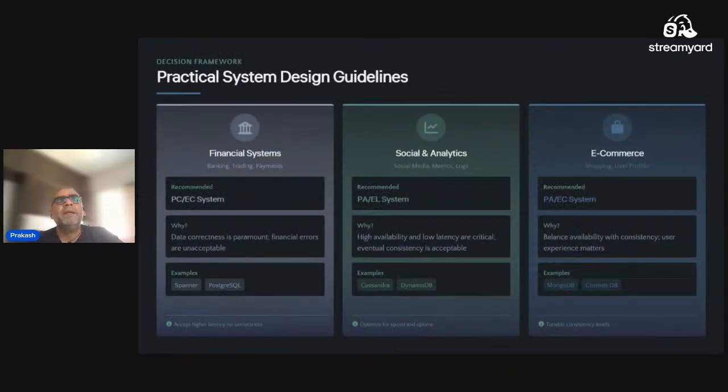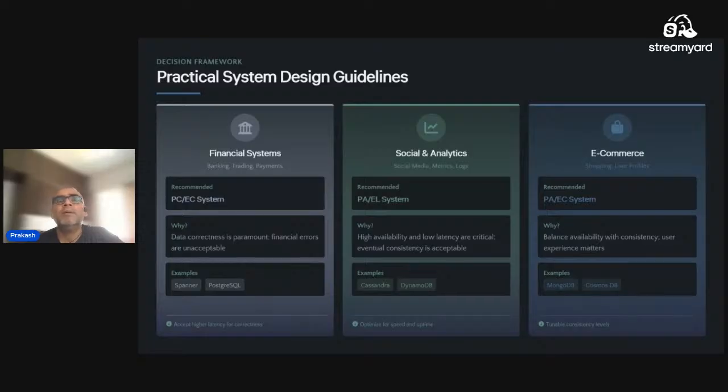Now some practical guidelines when designing these systems. For example, a financial system should prioritize consistency. You can't afford to lose consistency at any time for these applications. For social media, you will prioritize availability. For e-commerce, of course, you will have a balance of availability and consistency.